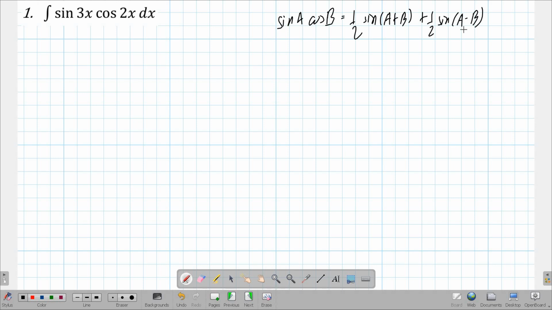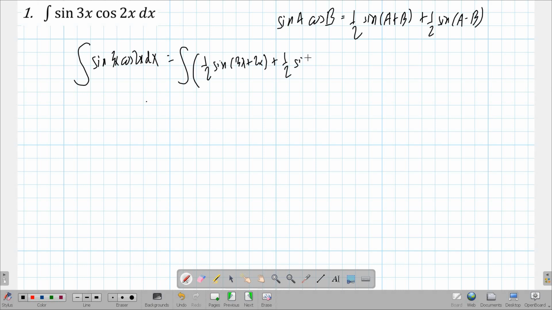So with that in mind, we can now rewrite this sine of 3x cosine 2x as the integral of 1/2 sine of 3x plus 2x plus 1/2 sine of 3x minus 2x dx.